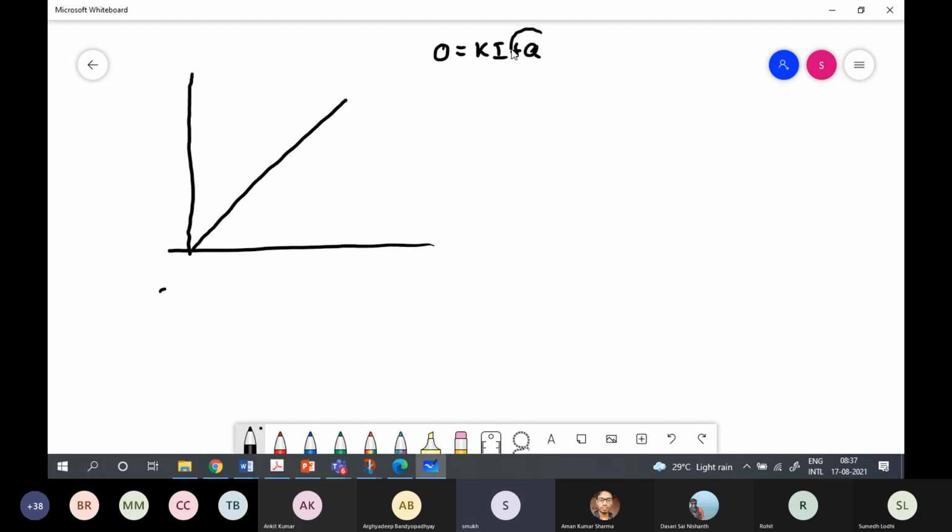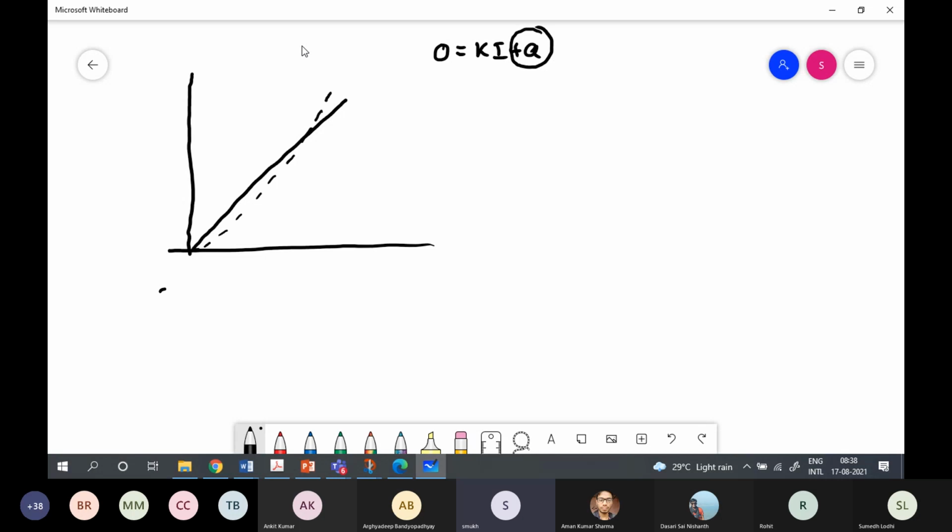To avoid complexity, let us assume that this A is 0. Then that confusion is gone. So now suppose the actual characteristic is like this. It is parabolic, I'm just drawing.